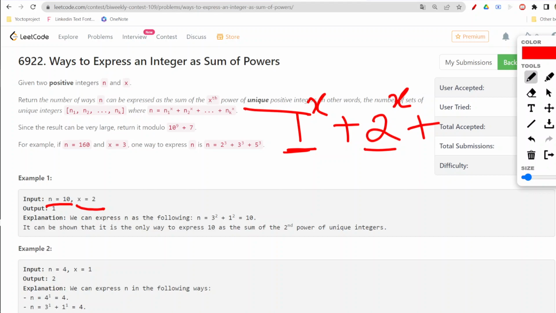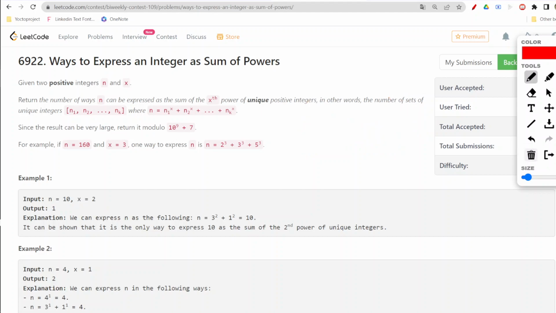What we are required to return is the number of possibilities. For example, when x is 2 and n equals 10, the number of ways of expressing this as the sum of powers is only 1, so we return 1.